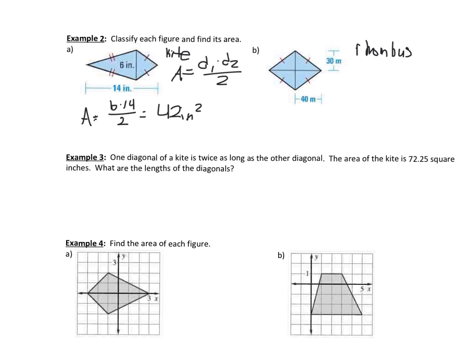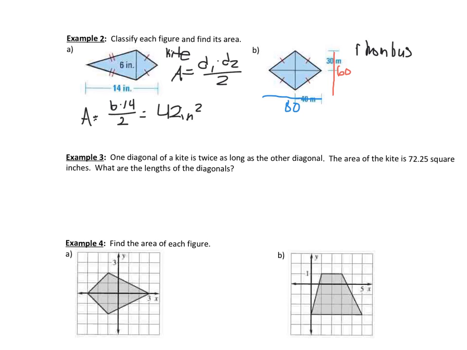Now, with this one, you just have to be a little bit careful because it says that this distance right here is 30, and that's not my full diagonal. So that means that this whole thing here, my red, is actually 30 times 2, which is 60. And this whole diagonal here is not 40, but 80.